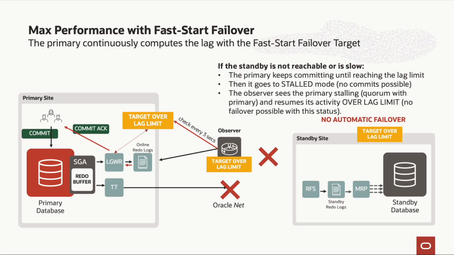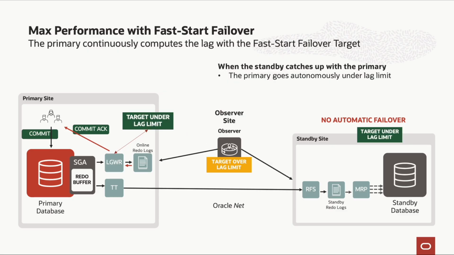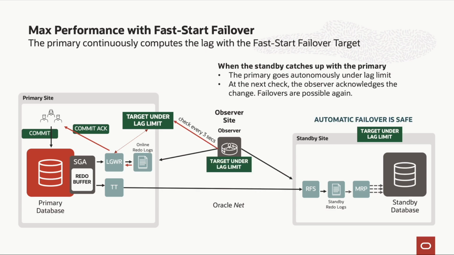The observer sees the primary stalling and resumes its activity over the lag limit. However, no failover is possible with this status. When the standby catches up, the primary automatically goes back under the lag limit, and at the next check the observer acknowledges the change and failovers are then possible again because you are back within the limit defined.